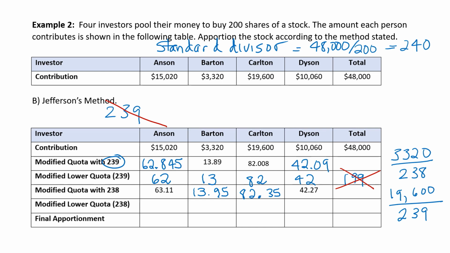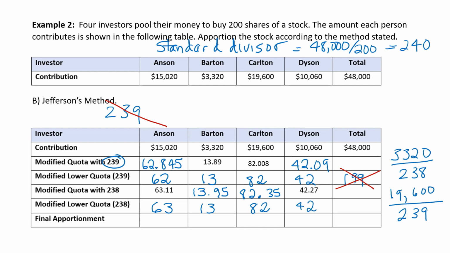Now we pick the lower quota. Again, that's just the integer portion. So with 238, the lower quota for Anson is 63. For Barton, it's 13. For Carlton, 82. And for Dyson, 42.